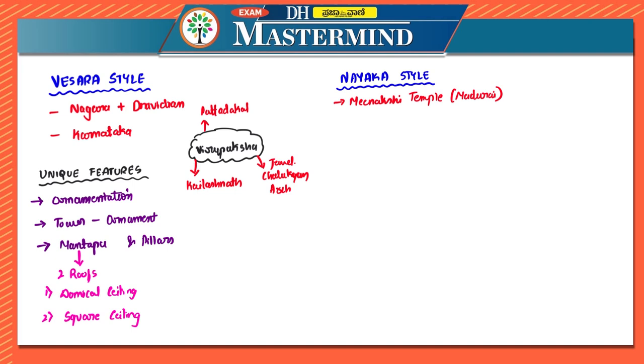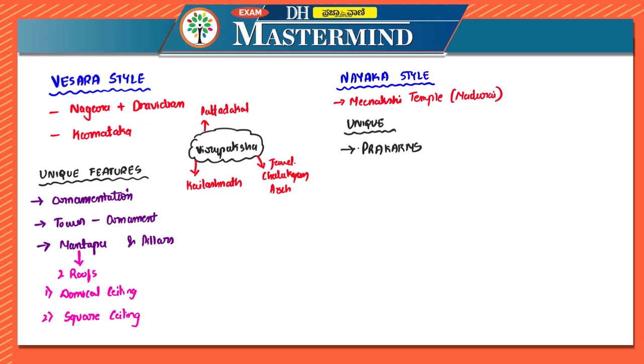Now in this case, all the features of Dravidian style are present, along with the additional prominent unique feature, which is the presence of the prominent prakaramas. Okay, so these are huge corridors along with the roofed passageway.